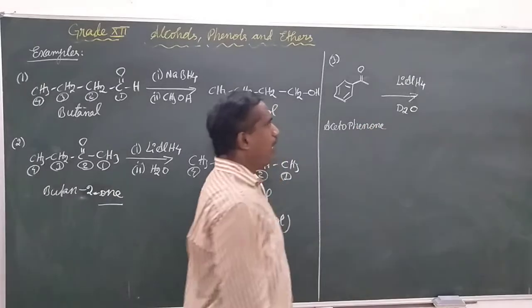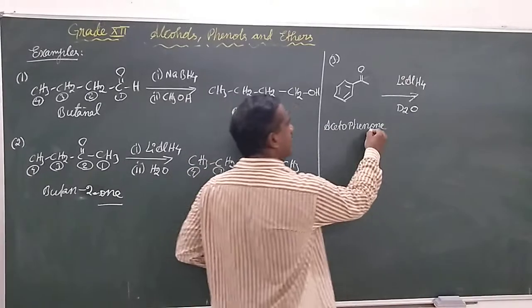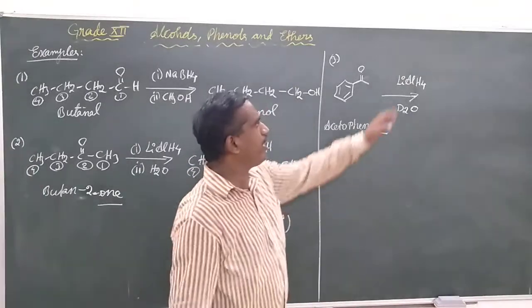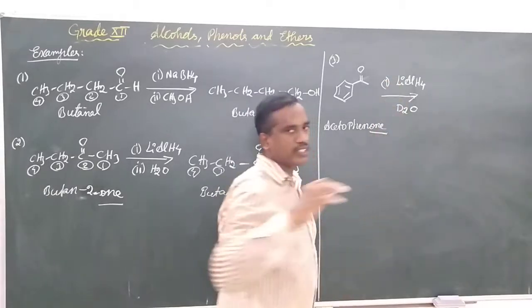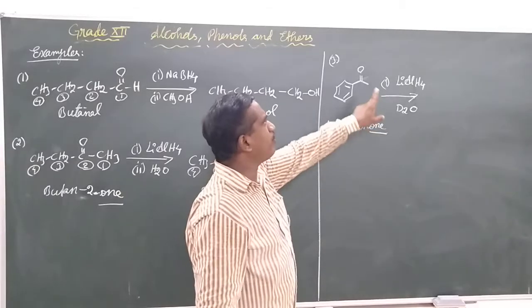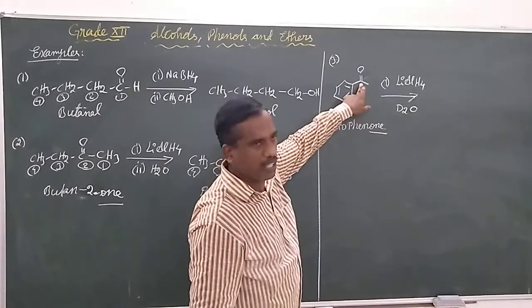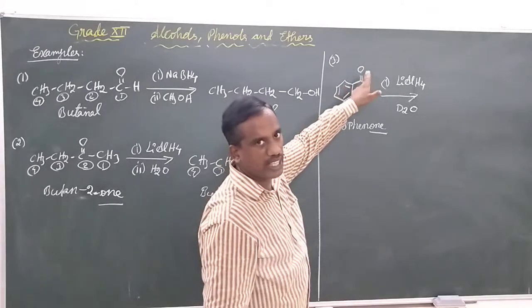This acetophenone has a ketonic functional group. We are using lithium aluminum hydride, the strongest reducing agent. It will donate a hydride ion, and it will be added to the carbonyl carbon, which will migrate the pi bond onto the oxygen, forming the alkoxide ion.